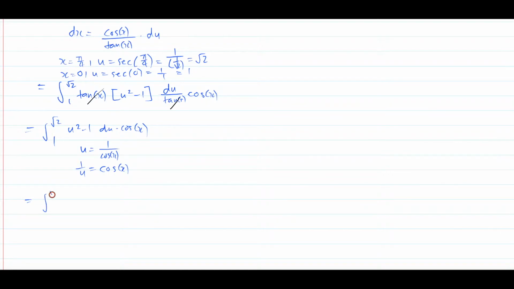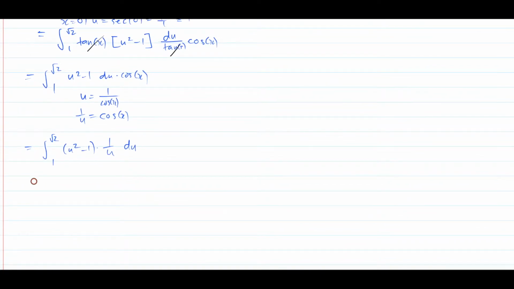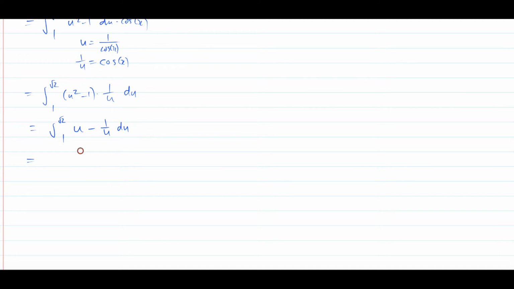So therefore, you can write this as root 2 to 1 of u squared minus 1 times by 1 on u, and then anti-derive in terms of u. Once you get up until this part, guys, you can see a polynomial coming up. So u squared divided by u is just u, and then this becomes 1 on u, du. And now we can definitely anti-derive this.